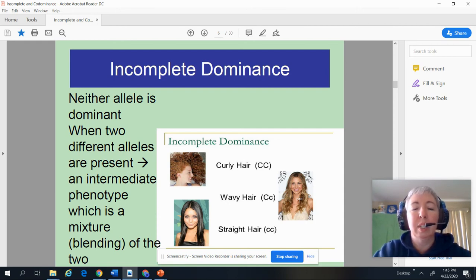When two different alleles are present, they mix to make an intermediate phenotype, a mixture or a blending of the two, and that is incomplete dominance. Incomplete means they mix, and the heterozygous genotype doesn't look like either parent. It's a mixture of the two.